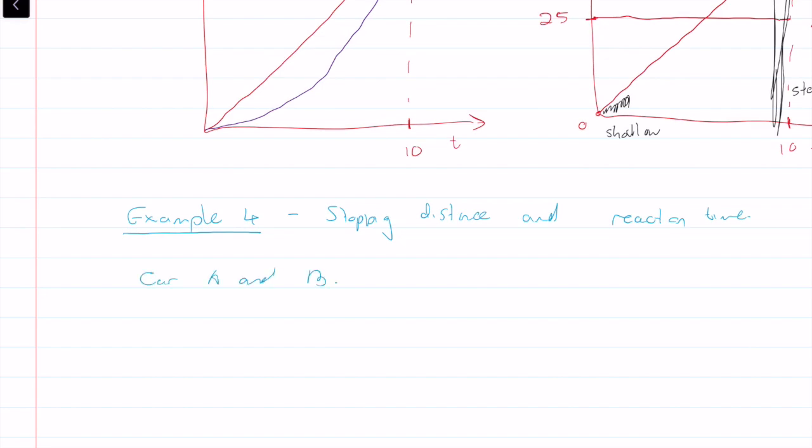Car A is moving at a constant speed of 25 meters per second.